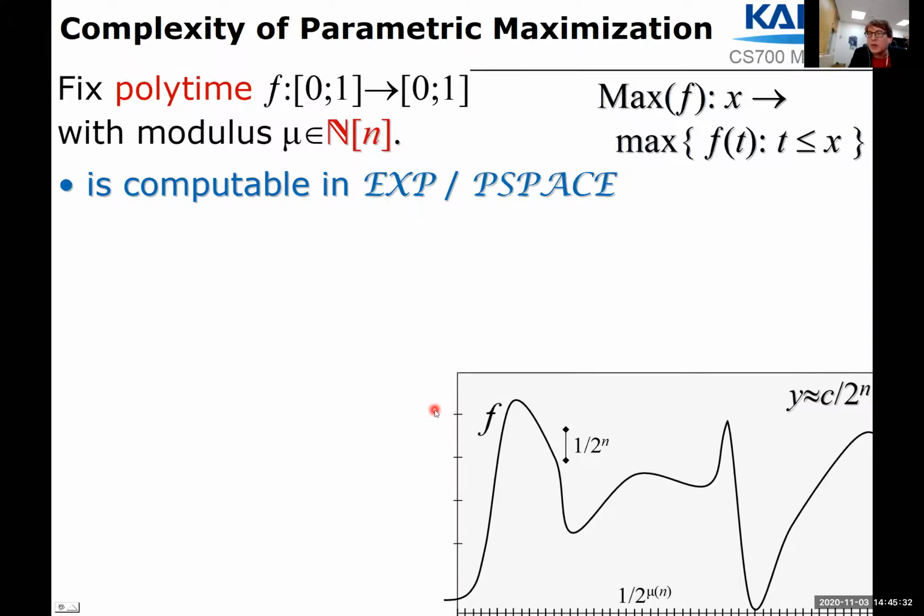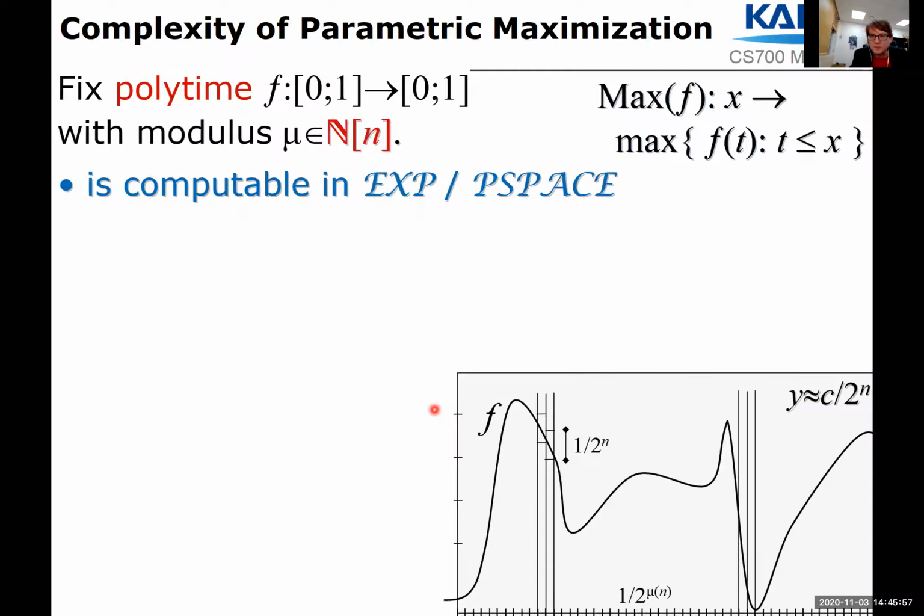And similarly, our algorithm will subdivide the x-axis, the unit interval, into steps of width 2 to the minus mu of n, where mu is a modulus of continuity of the fixed function, a polynomial modulus of continuity, which is known to our algorithm.